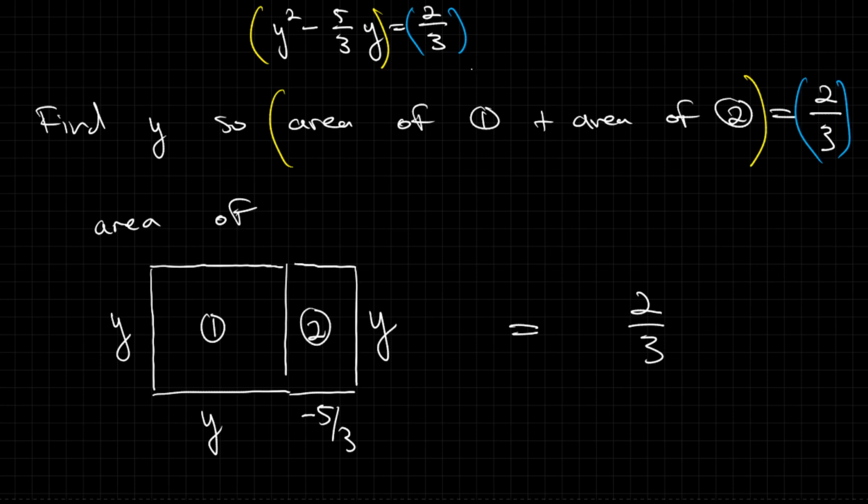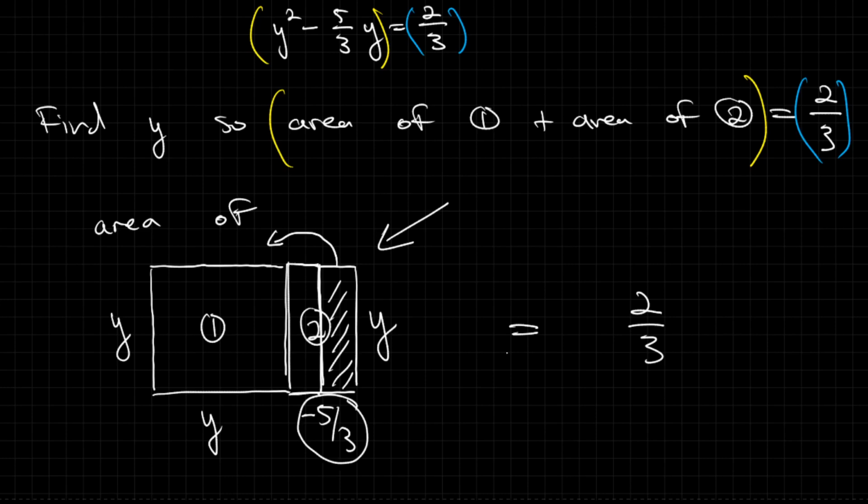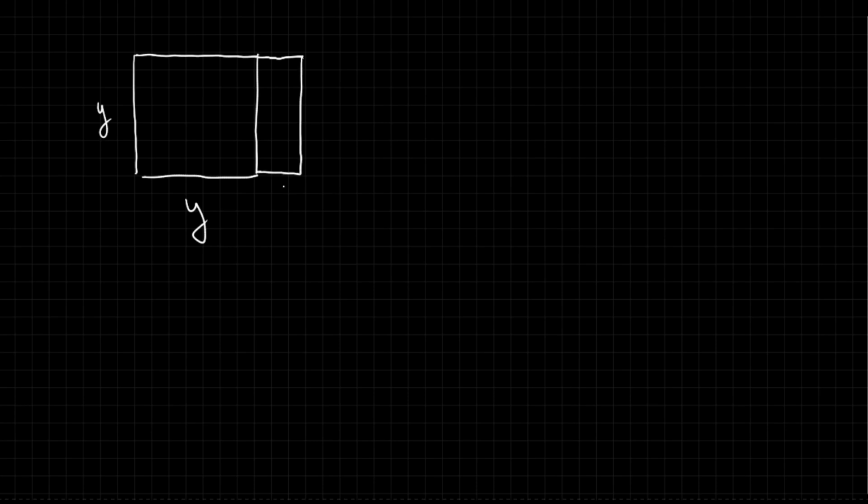Now because I'm cutting this in half, the side length of each of the smaller rectangles that are made will be half of the side length here. Let's draw what that would look like. So we'll have a square with side length y, then we'll have half of that rectangle that we had earlier, and this length has to be 1/2 of -5/3.